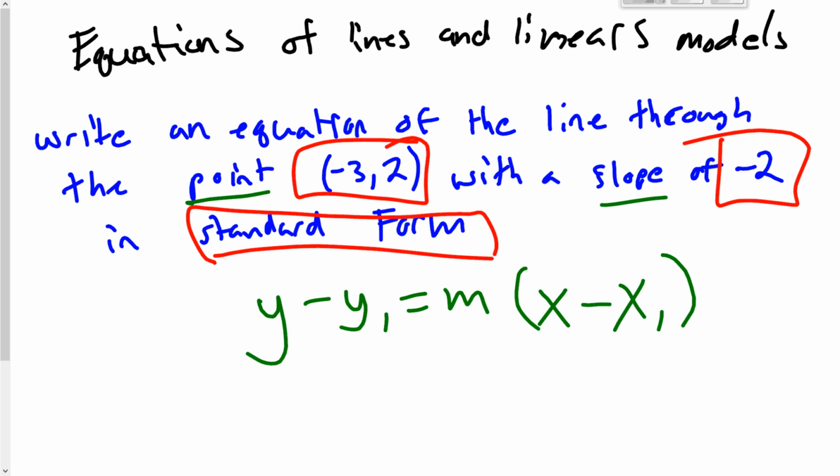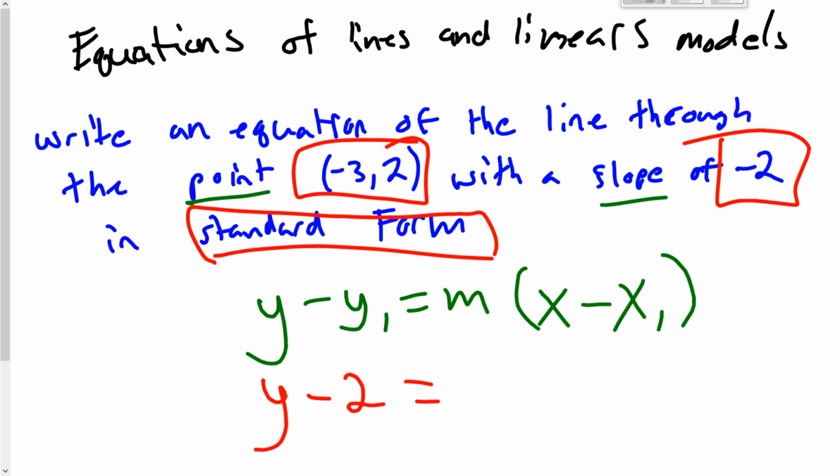And standard form is just putting your x's and your y's on one side of the equation and your constant on the other, and making sure you don't have any fractions or decimals or negative x's. Okay? Alright, so let's get going. This first y stays the same, right? And then I'm subtracting my y value, so it means I'm subtracting 2.